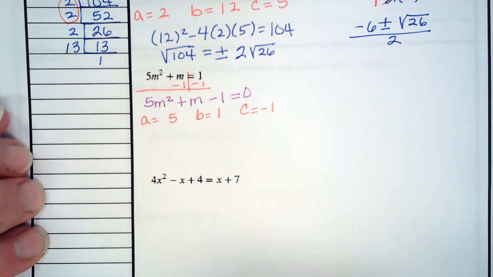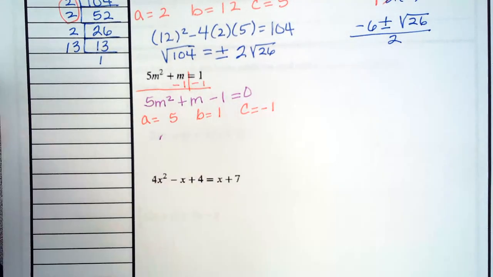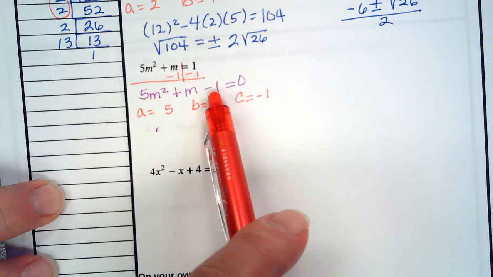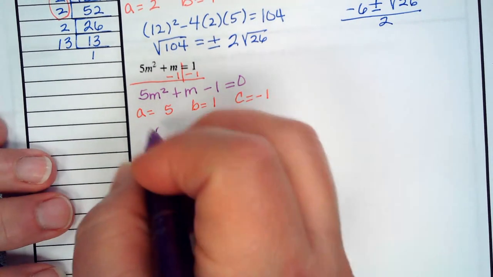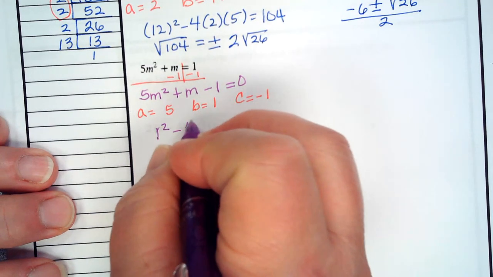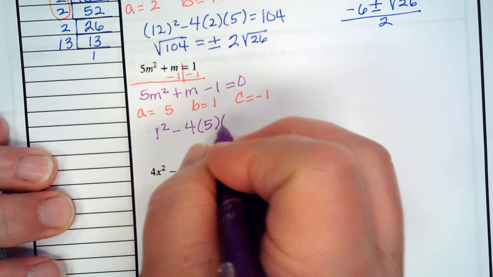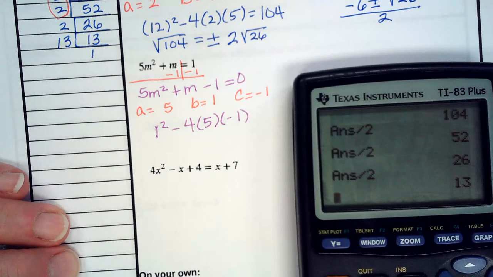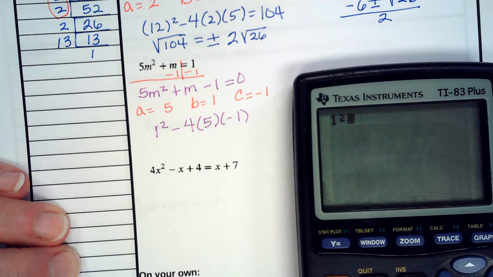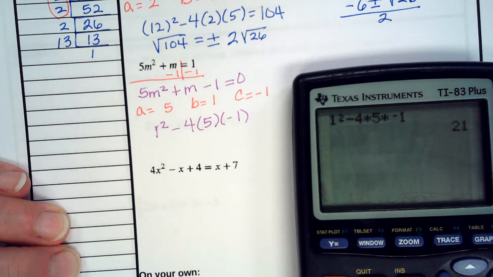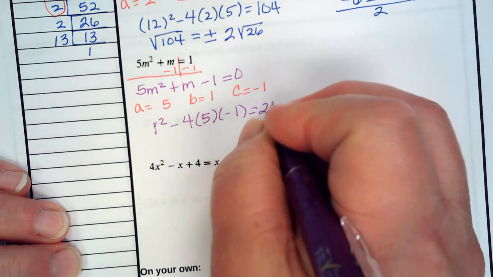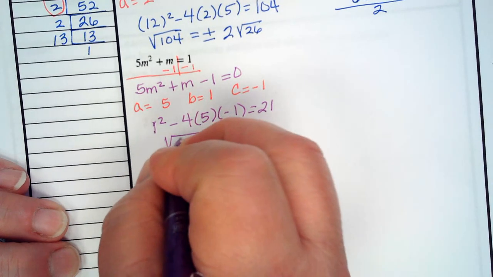Put it into your discriminant, and that should be negative 1. No, that's positive 1. I looked up there and I looked at the wrong one. Okay, so 1 squared minus 4 times 5 times negative 1. I get 21. Square root of 21.